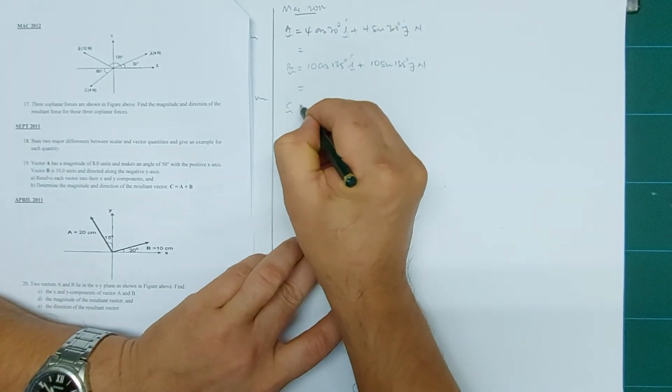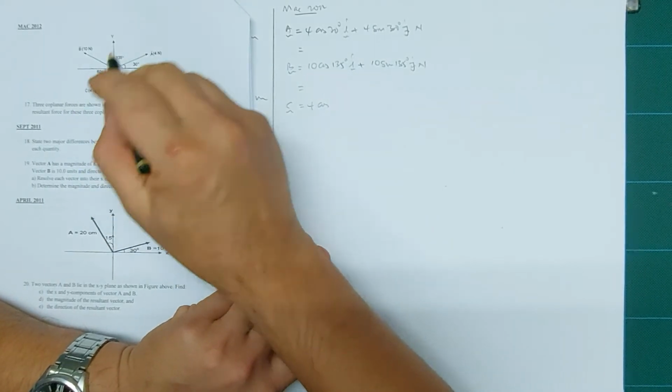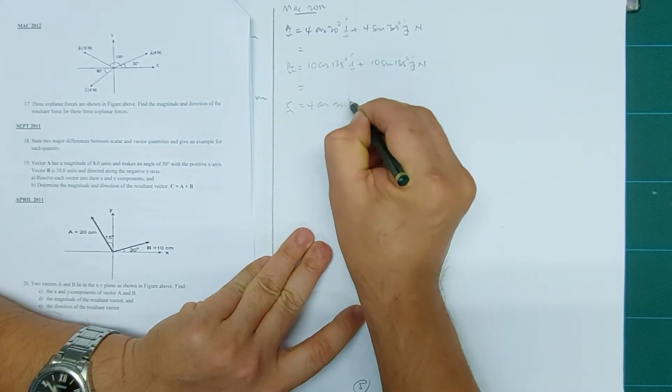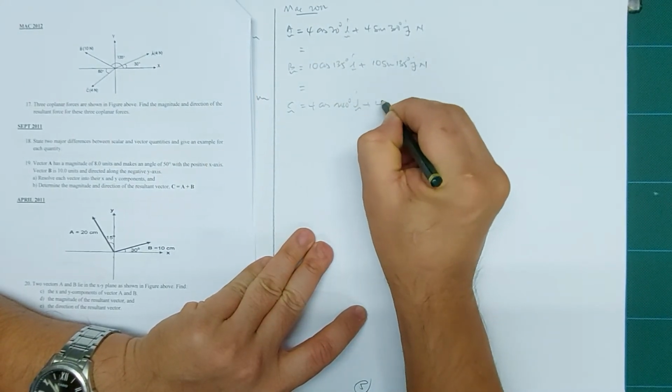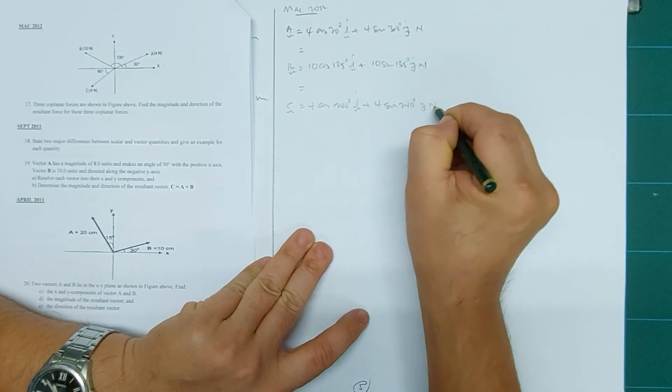And the C, next one, is 4 Newton cosine, this one is 60 plus another 180, 240 degree I plus 4 sine 240 J Newton.